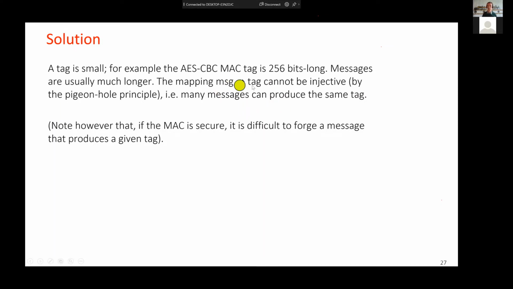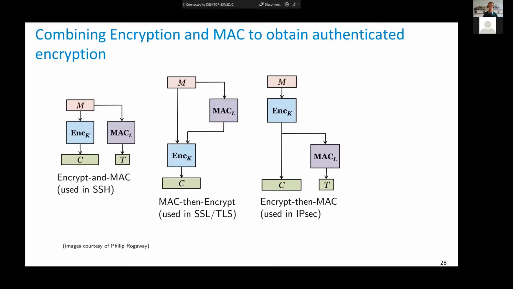So the mapping from a message to a tag cannot be one-to-one. There are more possible messages than tags, so we cannot recover a message from a tag. We can, with strong probability, infer that the tag was produced by somebody who knows the key, but it cannot be used to reproduce the message. So we must combine encryption and MAC.